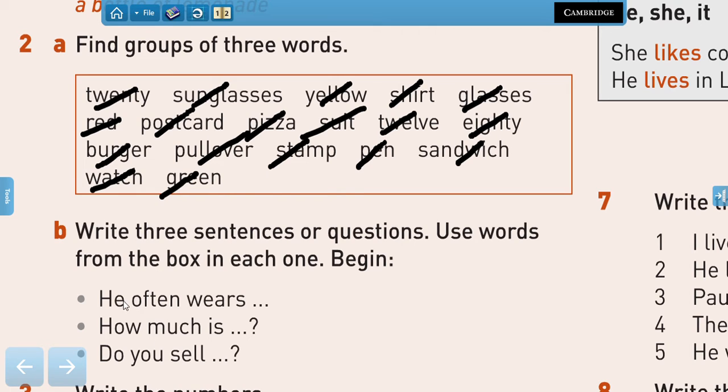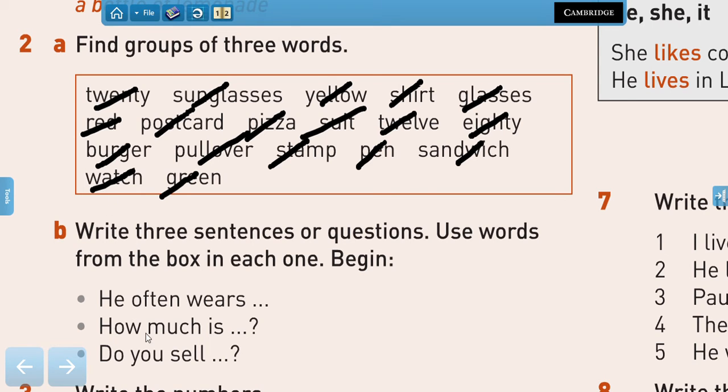So we can say, he often wears yellow shirts. He often wears a red pullover or a red suit. How much is this watch?